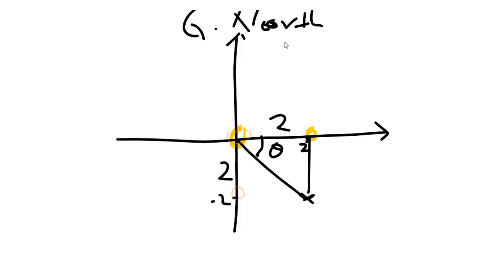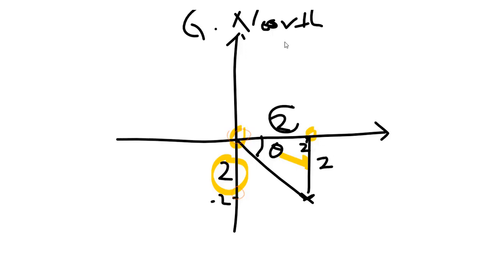So with respect to this angle over here, that is theta, this side is the adjacent and this side is the opposite, because theta is facing this side. And the length of this side is also 2.